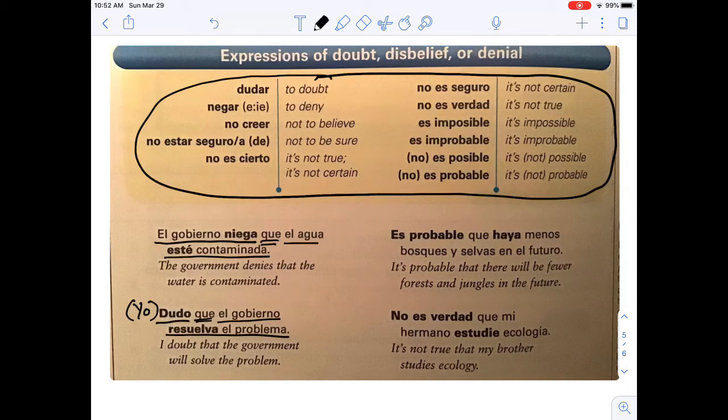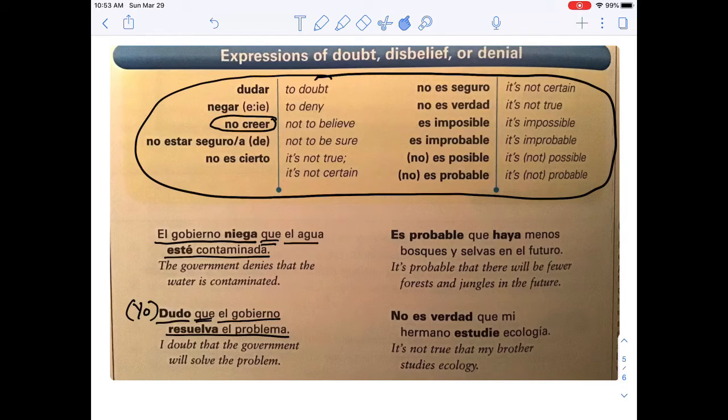Now, what's tricky about this, and I want us to notice this verb in particular. No creer. To not believe, or not to believe. So remember that all of these are uncertain, right? So if I say, I don't believe that the company is doing everything that they can to fight pollution, okay?